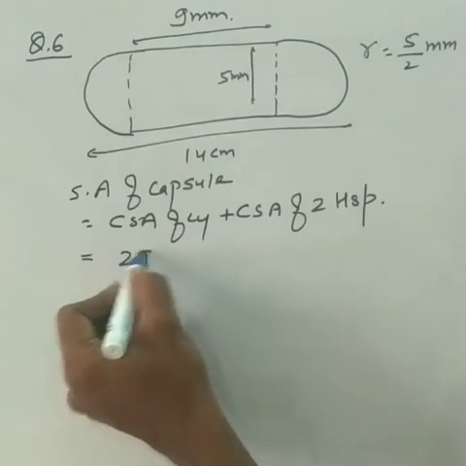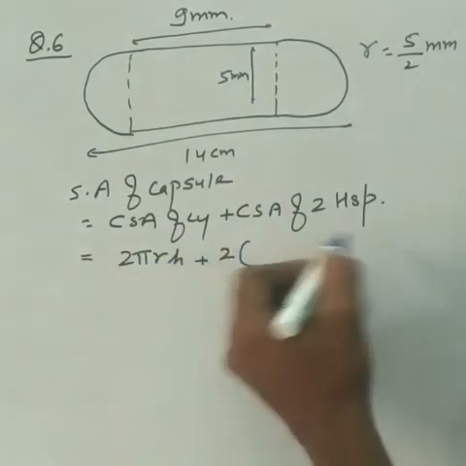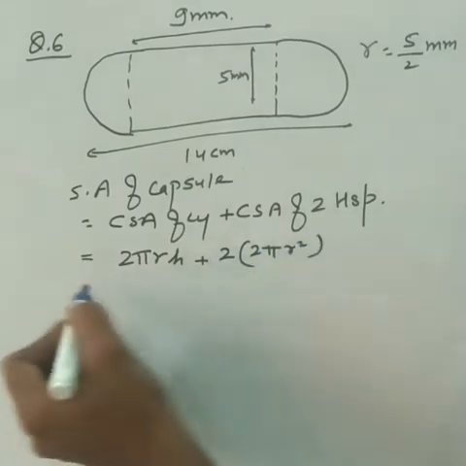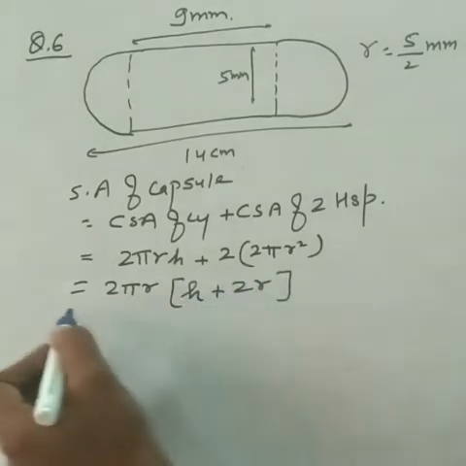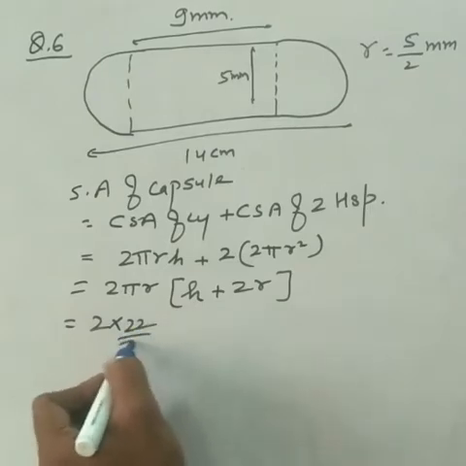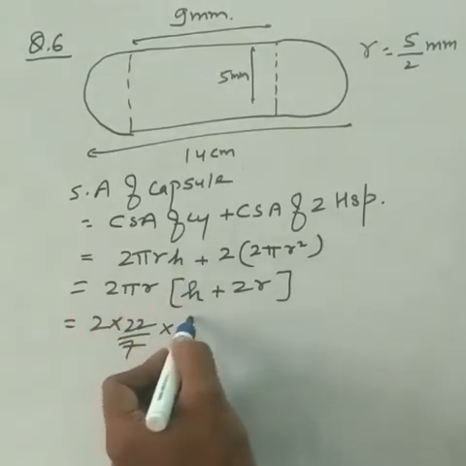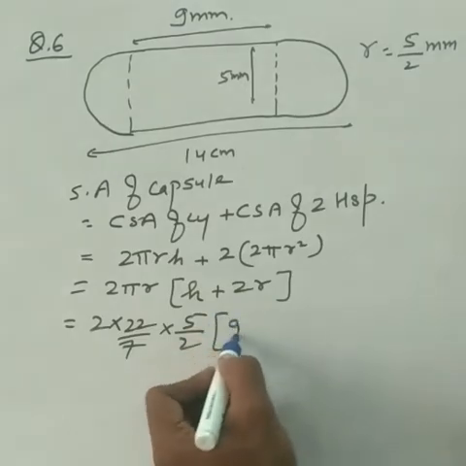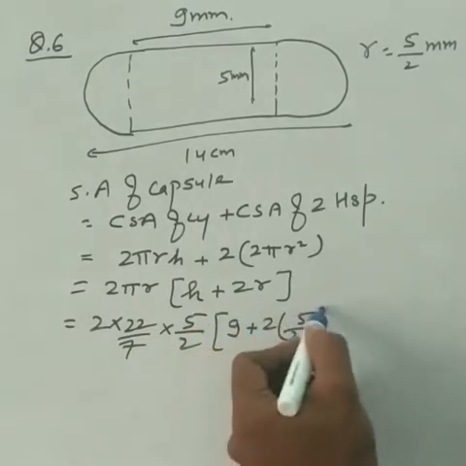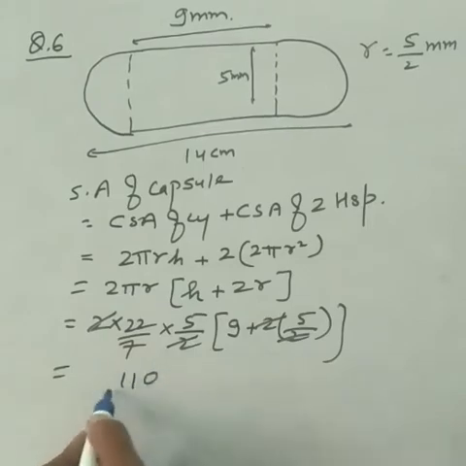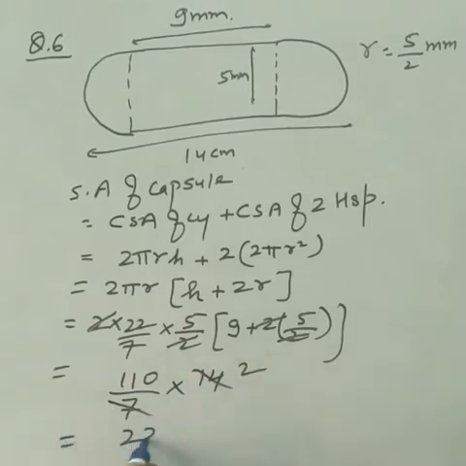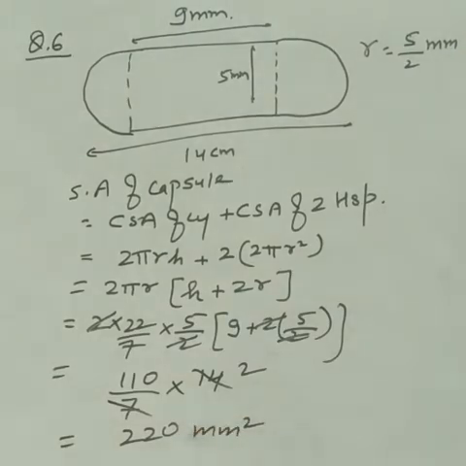CSA of cylinder is 2 pi RH. 2 times CSA of hemisphere is 2 pi R square. 2 pi R common, H plus 2R. 2 pi is 22 by 7, R is 5 upon 2, H is 9 plus 2 into 5 upon 2. 2 to 2 cancel. 110 upon 7 into 14. 7 to the 14. 220 mm square is the surface area of this capsule.